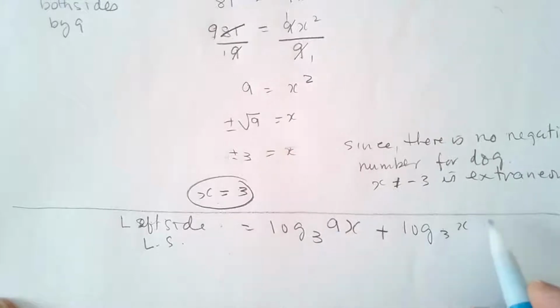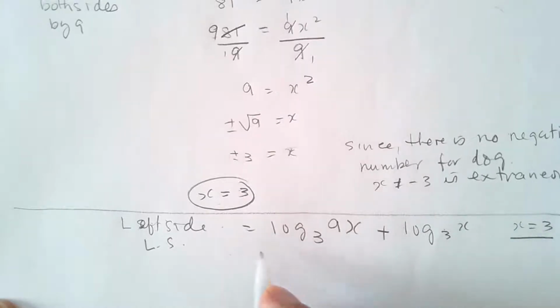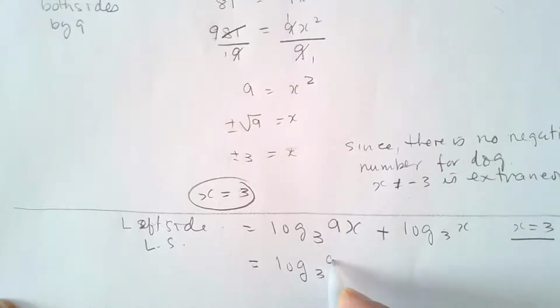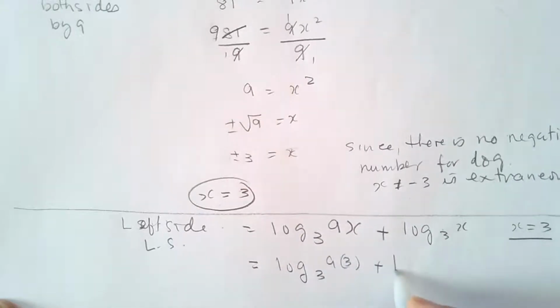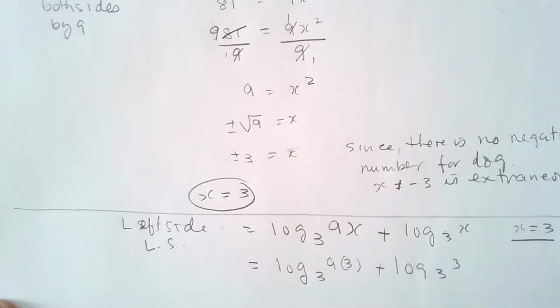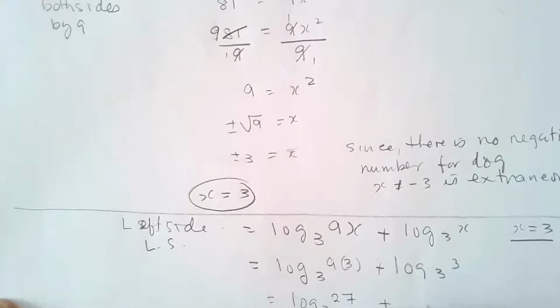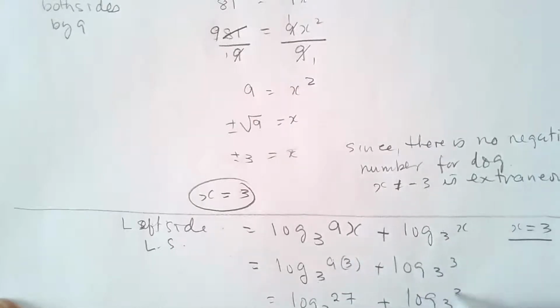Now, let x be equal to 3. So we have log base 3 of 9 times 3 plus log base 3 of 3. Now, this becomes log base 3 of 27. That's log base 3 of 3 to the 3.